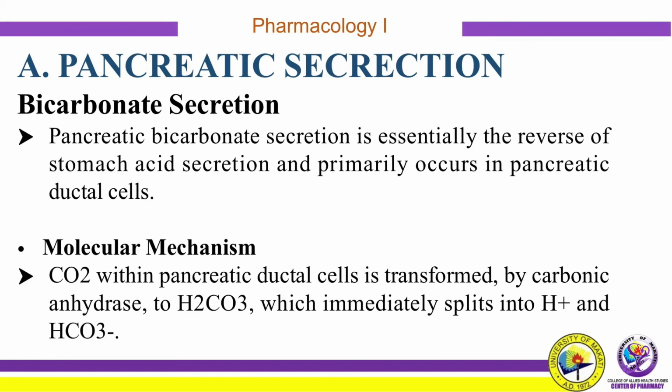Molecular mechanisms. Carbon dioxide within pancreatic ductal cells is transformed by carbonic anhydrase to carbonic acid, which immediately splits into hydrogen and bicarbonate. The generated hydrogen ion is secondarily actively transported into the bloodstream.